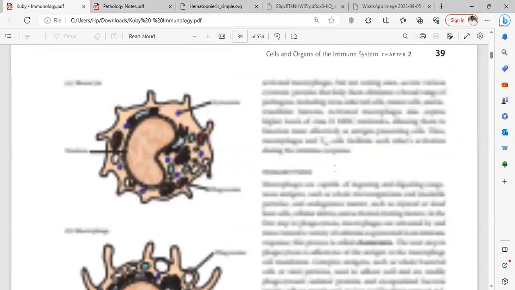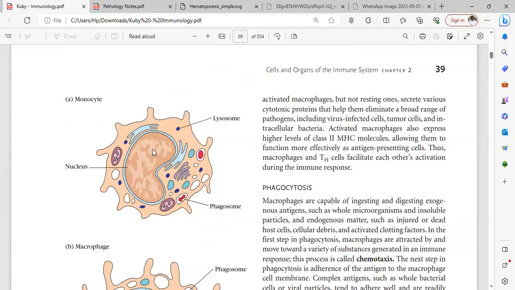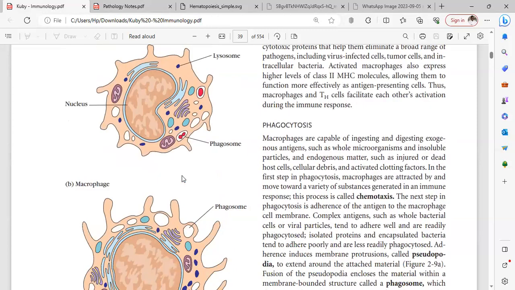Let me see if there's a structure of a monocyte. Oh yeah, so we can appreciate it, but I don't think this will come. We have the structure of a monocyte and the macrophage. So basically that's all for monocytes. We have seen it's involved in phagocytosis, and it's in blood circulation. And then you have the different sites of the monocytes. But if you have anything to add on monocytes, you can always chip in.